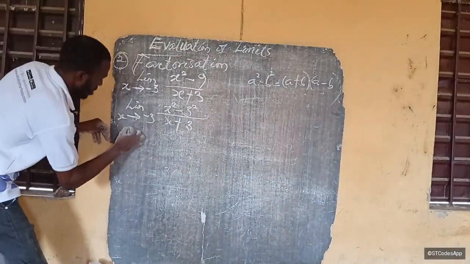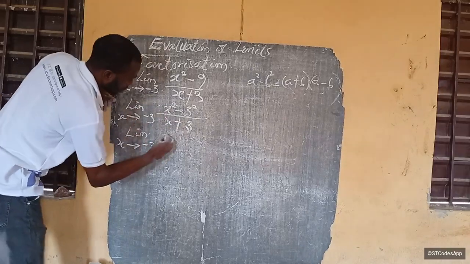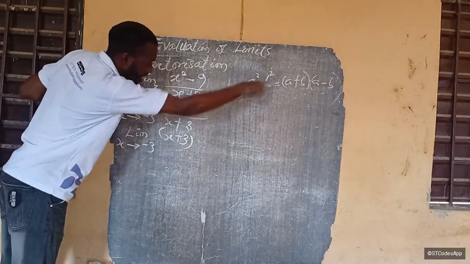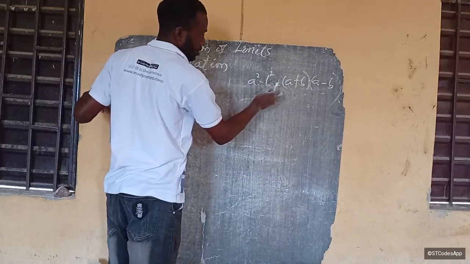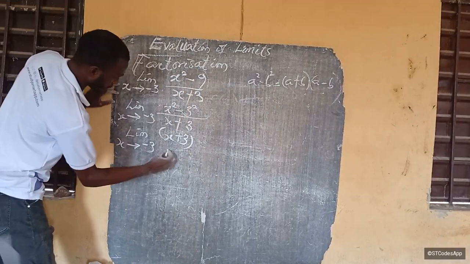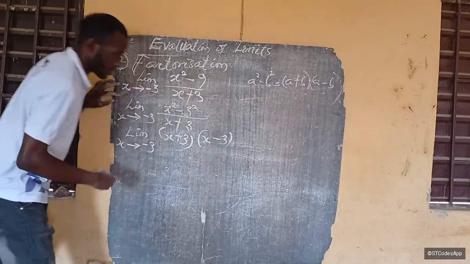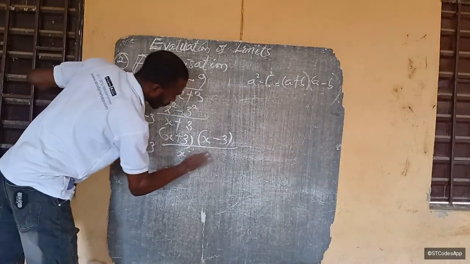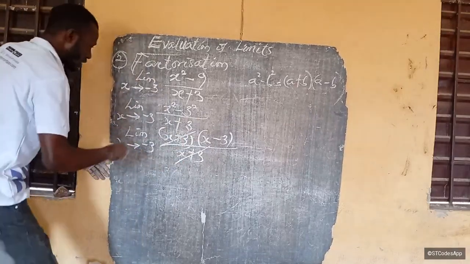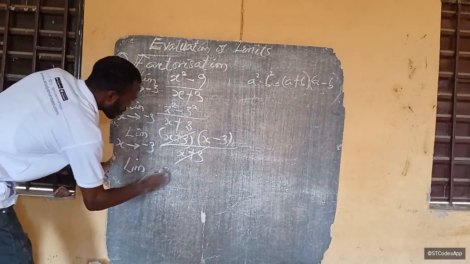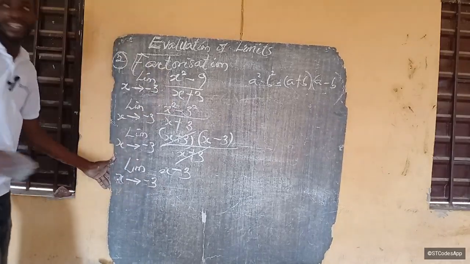So we have x plus 3 times x minus 3, all over x plus 3. Then this takes care of this, and our function has simplified to the limit of x minus 3 as x approaches minus 3.